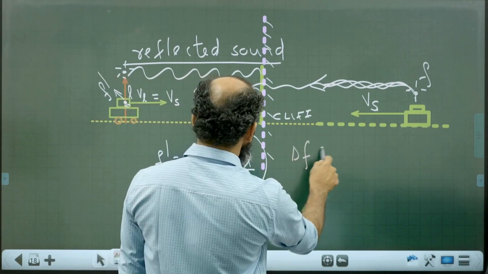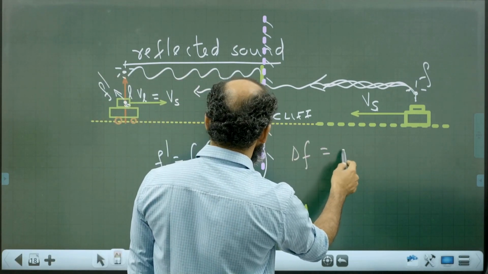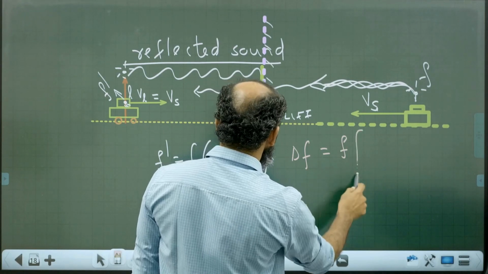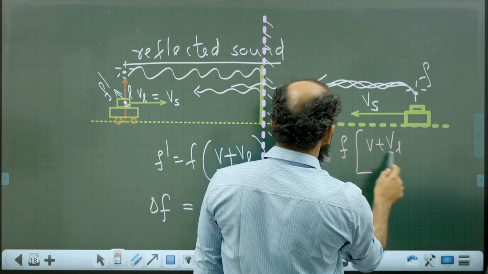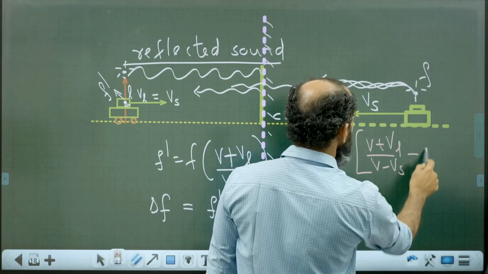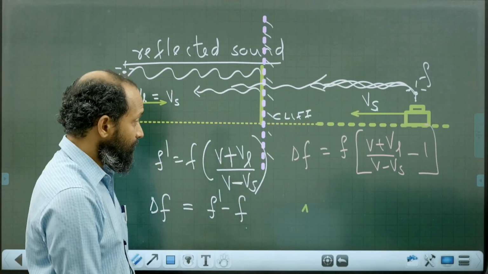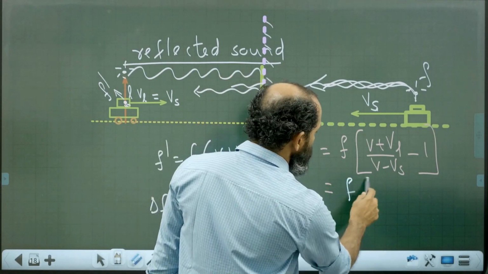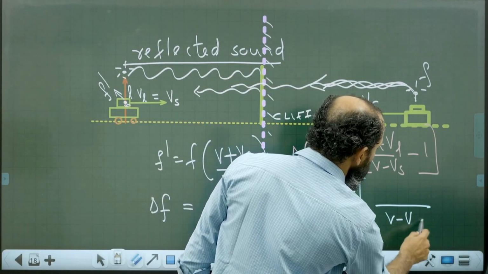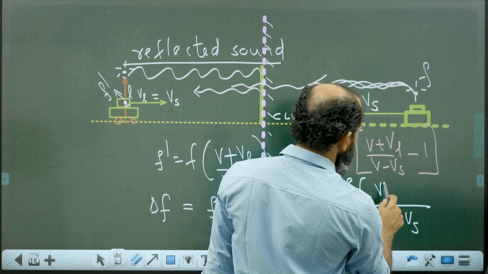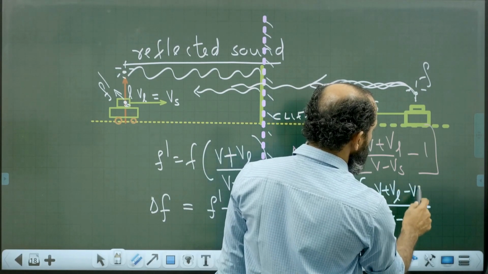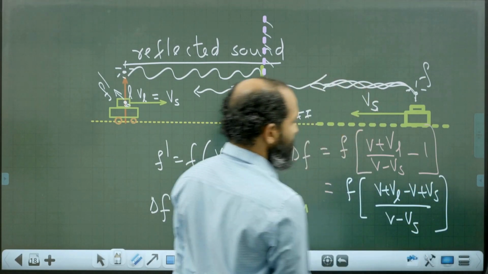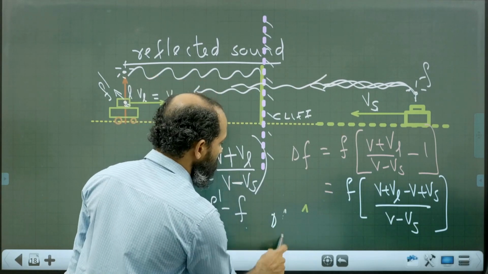So delta F is equal to F dash minus F. F dash is F into (V plus VL) divided by (V minus Vs), then minus 1, taking F as common factor. That equals F into, taking LCM, (V minus Vs) in the denominator, and the numerator is V plus VL minus V plus Vs. So V gets cancelled.